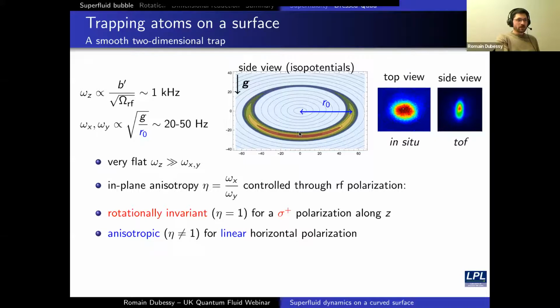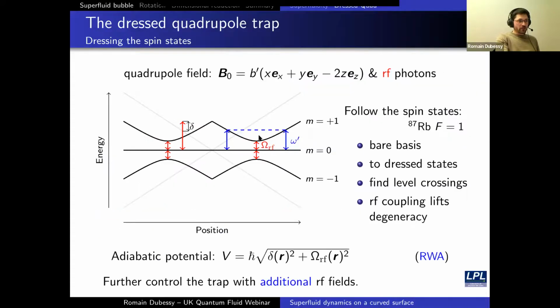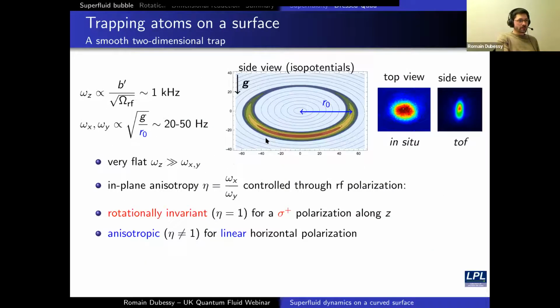Now if we focus on the global equilibrium position, we get a vertical confinement that is mainly defined by the avoided crossing here between the magnetic states, that can be fairly large, of the order of a few kilohertz, while the typical frequencies of oscillation on the surface are set by the pendulum of the atoms moving onto the surface, and are typically in the range of tens of hertz.